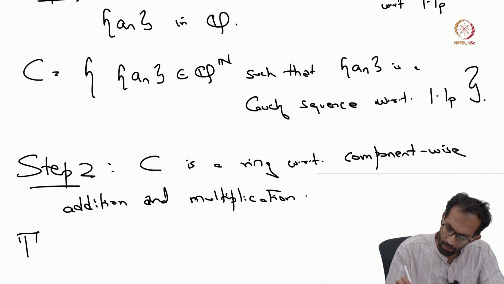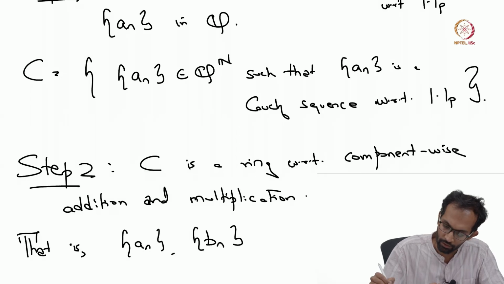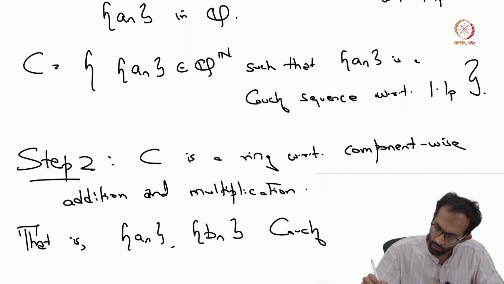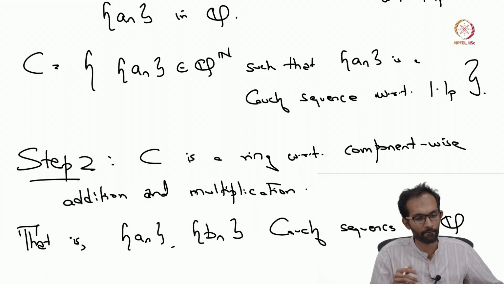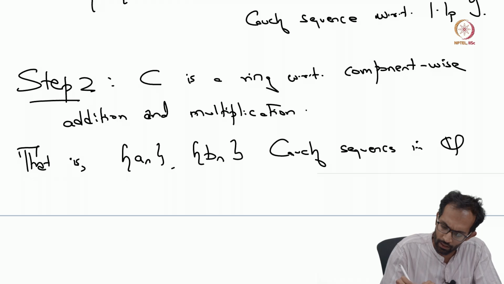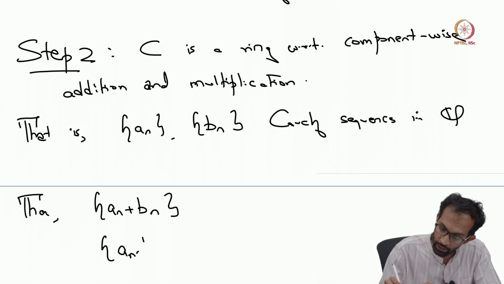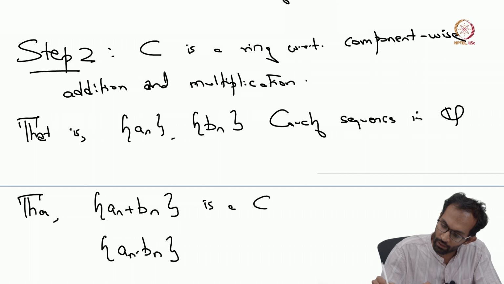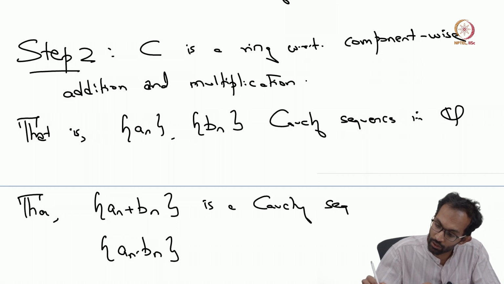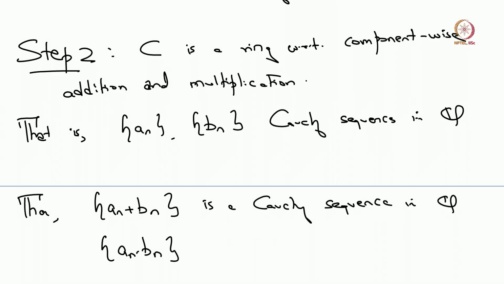That is, if you have two sequences that are Cauchy, then you can form a new sequence given by the sum, and another new sequence given by the product, and you have to show that these new sequences are also Cauchy sequences in Q. We've almost done this.